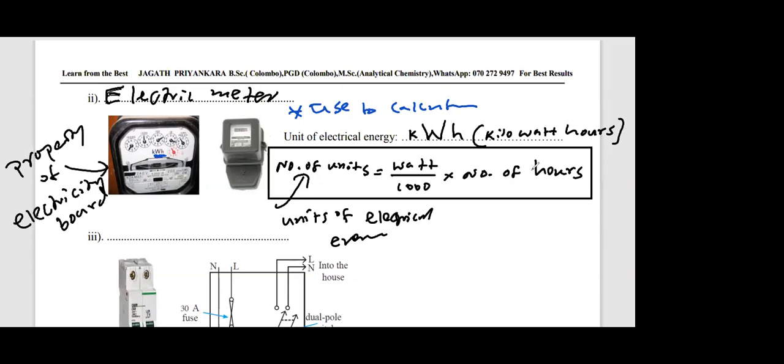Nowadays they use a digital meter. This is the manual one. There's a plate, a disc here. This disc rotates. If you can check the manual one in your house, when you switch on all the lamps at night, the disc rotates very fast. But the new digital meters work like a remote connection.